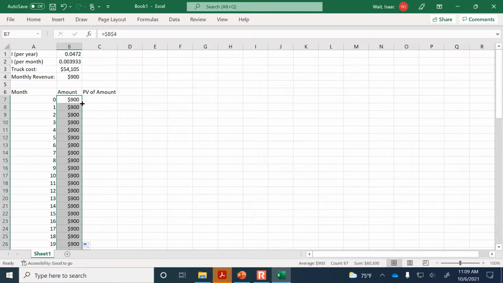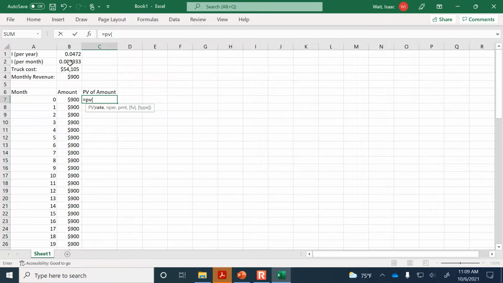All right, the PV of amount, I'll use our interest rate per month, anchor the reference. The N, we're discounting all of these amounts to the present, so I'll use 0 for this amount that's already at the present, and then this $900 that's at month 1 will be discounted 1 month to the present.